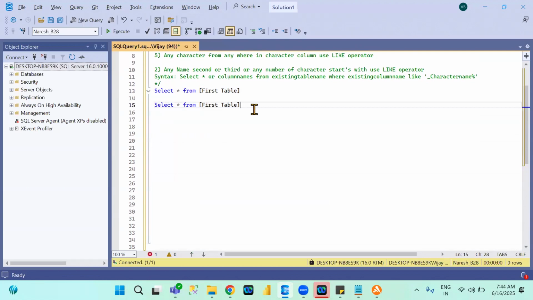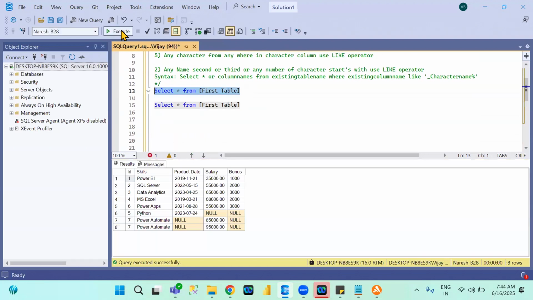See here. Suppose, for example, if I run this one, where skills, where the second character starts with A. What are all the skills we want to display?